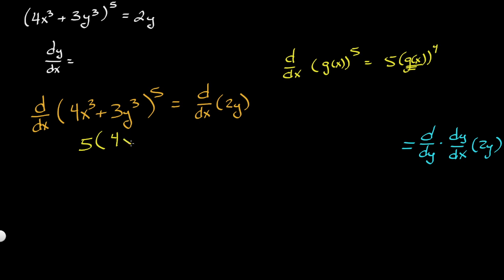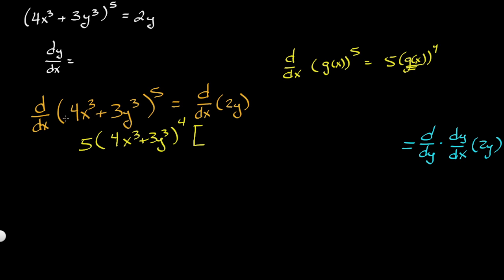I keep my base, which is 4x cubed plus 3y cubed, all raised to the fourth. I subtract 1. The chain rule says now we need to multiply this by the derivative of what's inside. We're going to multiply that by the derivative with respect to x of each of these terms.